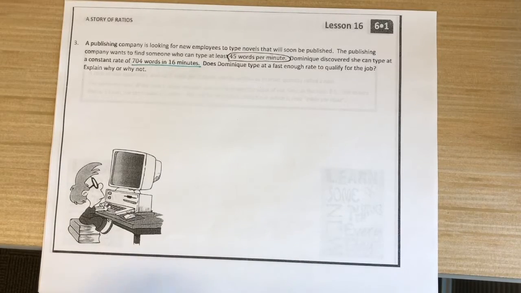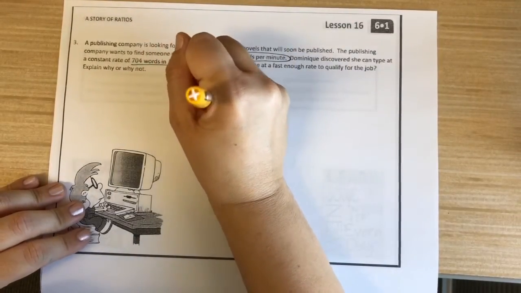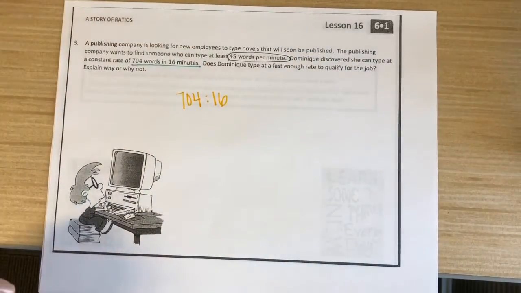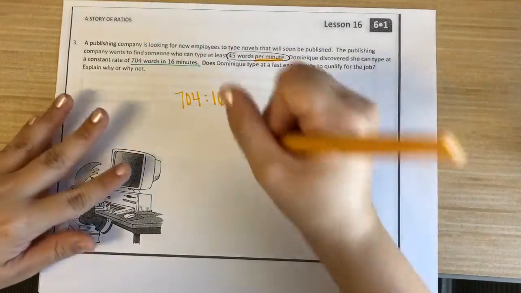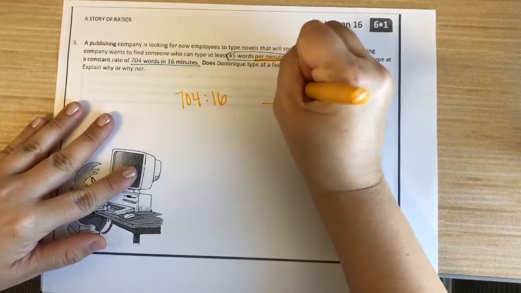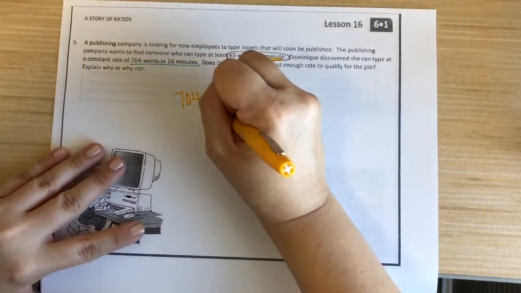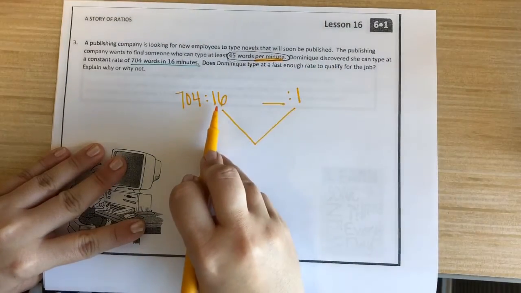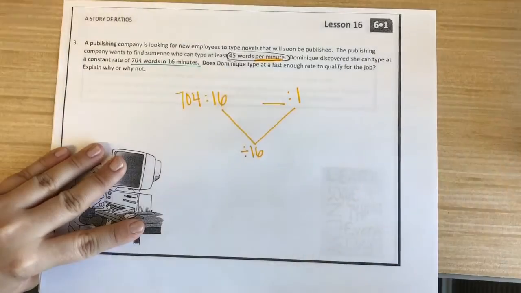All right, so what do we know so far? We know she can type 704 words in 16 minutes. I need to get it down to just 1 minute. So how many words can she type in just 1 minute? So let's look here. What I'm doing to this number is I'm dividing 16 by 16 in order to get to 1.